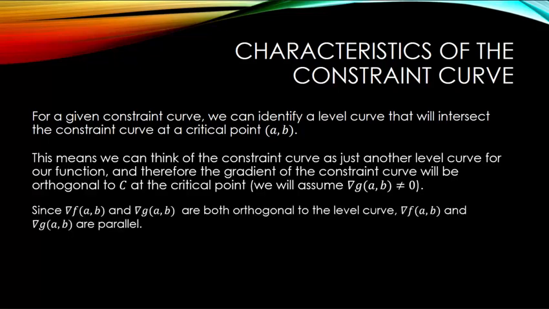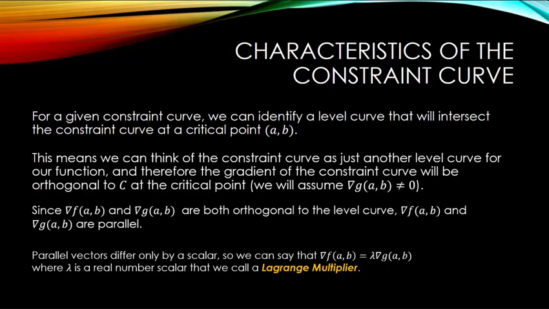Now, since the gradient of f at (a,b) and the gradient of g at (a,b) are both orthogonal to the level curve, this means that the gradient of f at (a,b) and the gradient of g at (a,b) are parallel, and parallel vectors differ only by a scalar multiplier.